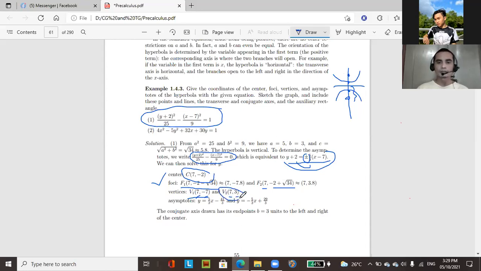Therefore, our V sub 2 has coordinate 7 and positive 3. So that is for the vertices. Now, for the asymptotes, of course, again, we distribute, then transpose. Then distribute 5 over 3 on x and 7, then simplify. Then these are the equations of the asymptotes.